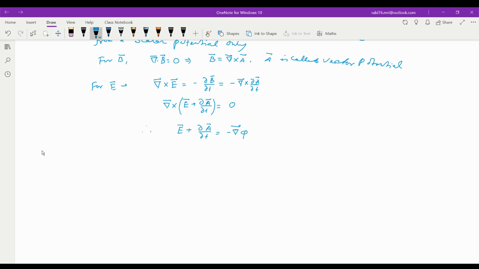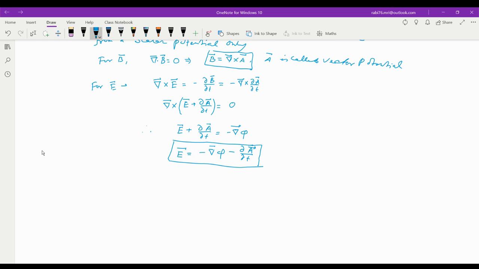That's why a negative sign is there. So E now can be written as minus grad phi minus del A del t, right? So this is now the equation for E, and this is now the equation for B.